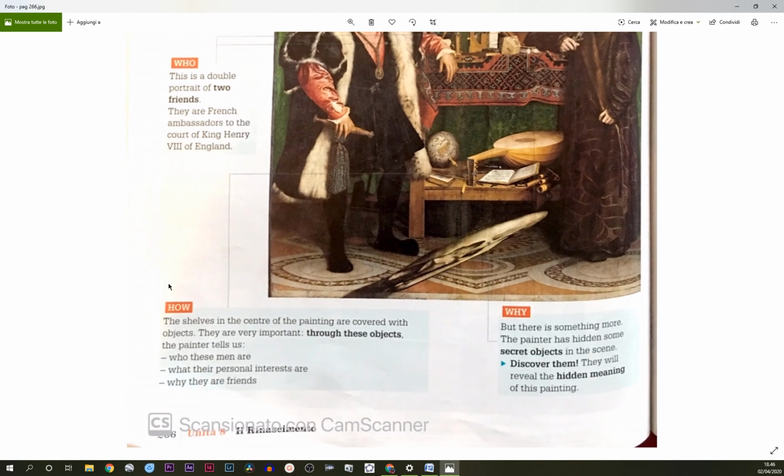Then, how? The shelves in the center of the painting are covered with objects. They are very important. Through these objects, the painter tells us who these men are, what their personal interests are, why they are friends.